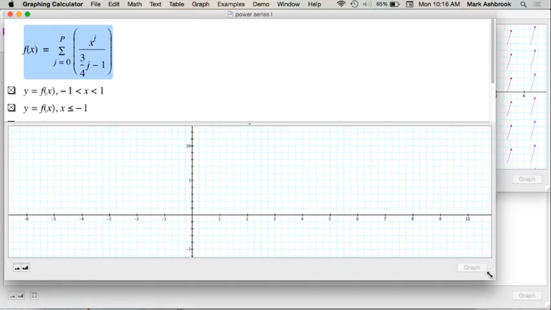Okay, so what I've done here is I've done the one we just did and called it f of x. And I said j equals 0 to p, so I can adjust that. And what am I adjusting that value, then what am I looking at? If I'm taking p to be 3, 4, 5, 6, then what am I really looking at? Partial sums, right? Partial sums.